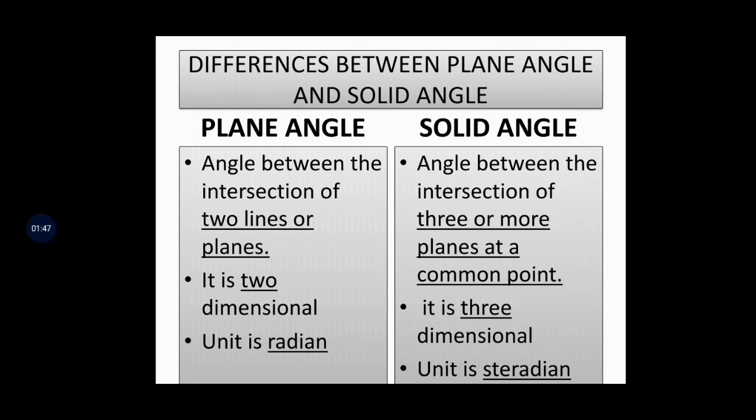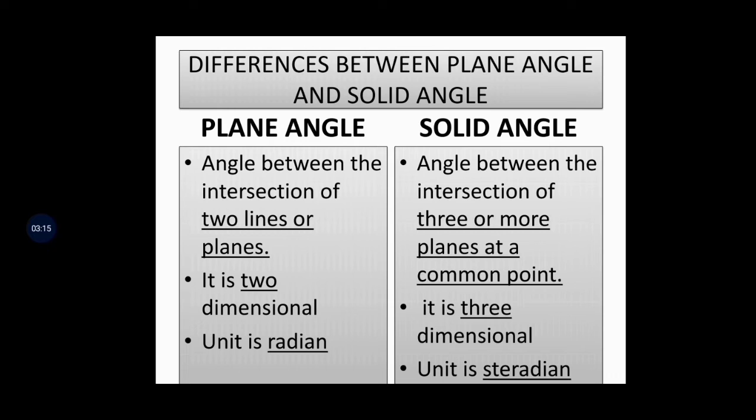So the differences between plane angle and solid angle are, if you take a plane angle, the angle formed is between the intersection of 2 lines or planes. If you take a solid angle, the angle is formed between the intersection of 3 or more planes at a common point. So the angle formed in plane angle is 2-dimensional. The angle formed in solid angle is 3-dimensional.